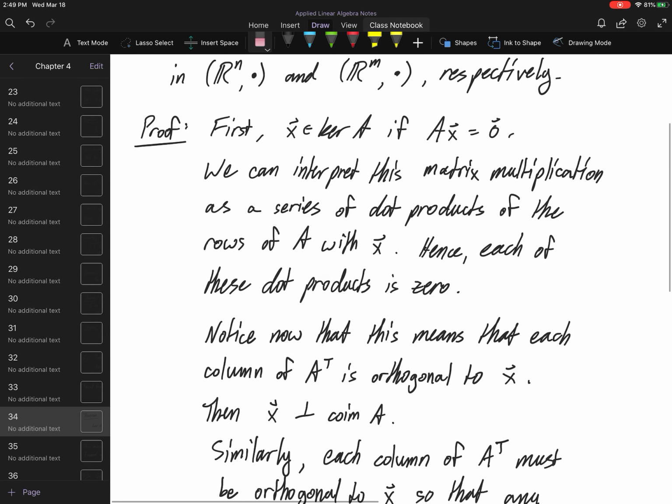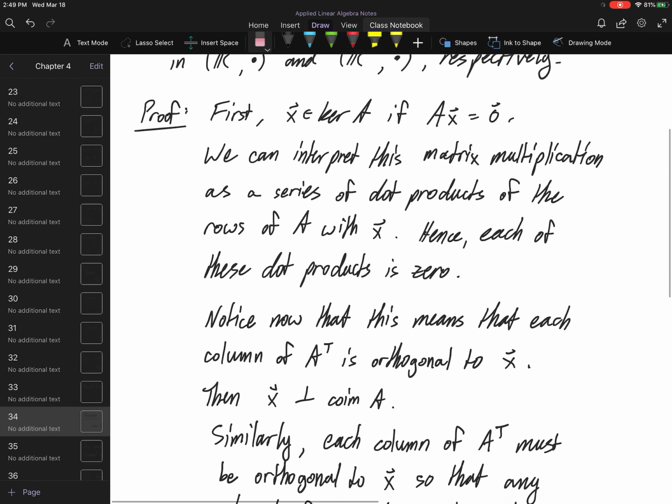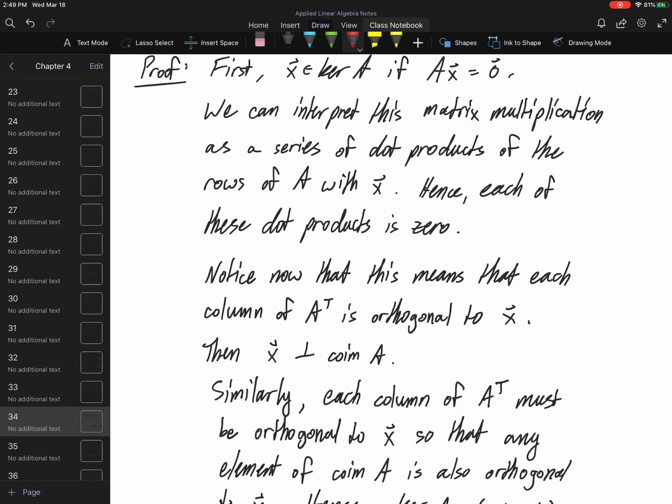Okay, so what we wind up with a little bit further down the road here is that each column, not of A, but of A transpose, must be orthogonal to the vector X. So that means that X itself is going to have to be perpendicular to the co-image, right?